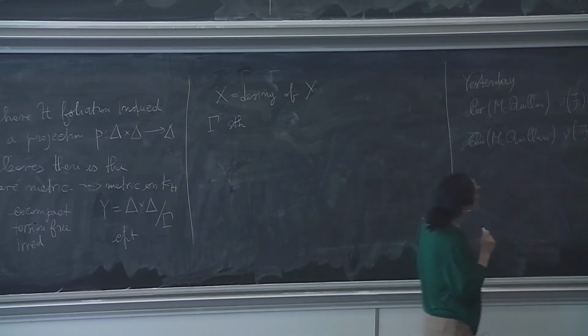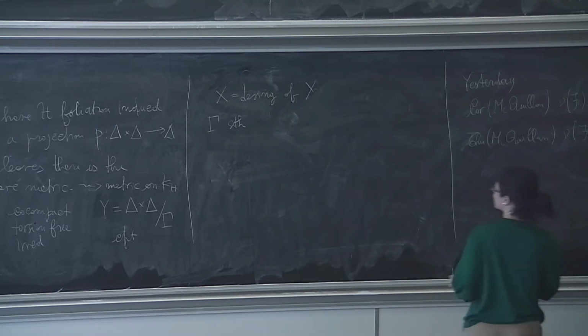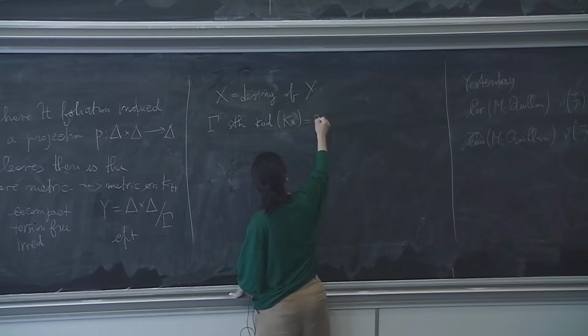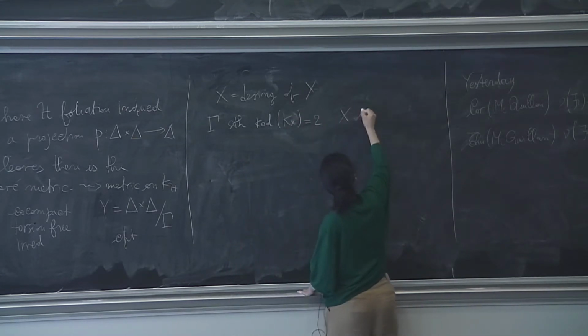For instance, that the Kodaira dimension of K_X is 2, so X is of general type.